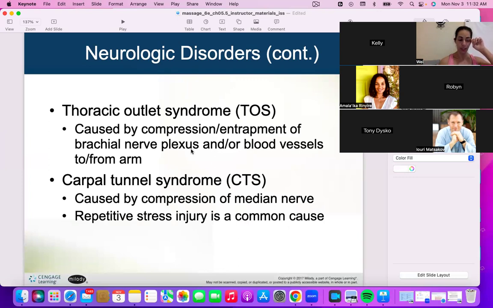Okay, so it originates in the spinal nerves, to be exact, C5 to T1. So the brachial nerves come from C5 to T1 and they travel through the spinal foramen. So spinal foramen are the holes that the nerves come out of, okay? To be more exact, those muscles are going to be your scalene muscles.